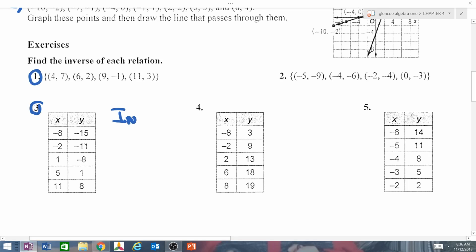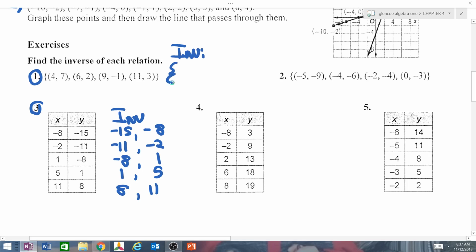Let's form the inverse of each of these. Okay, everybody has it?